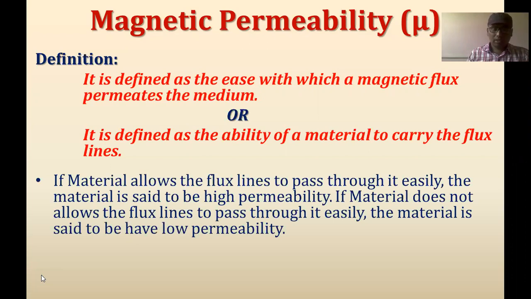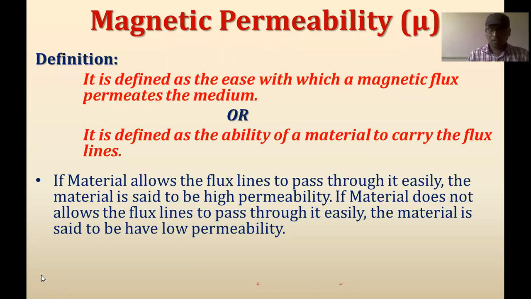Read it. If a material allows the flux lines to pass through it easily, जर एखाद्या मटेरियल मधून मॅग्नेटिक लाइन्स किंवा फ्लक्स इझिली पास होत असेल, then the material is said to have high permeability. If the material does not allow the flux lines to pass through it easily, then the material is said to have low permeability.